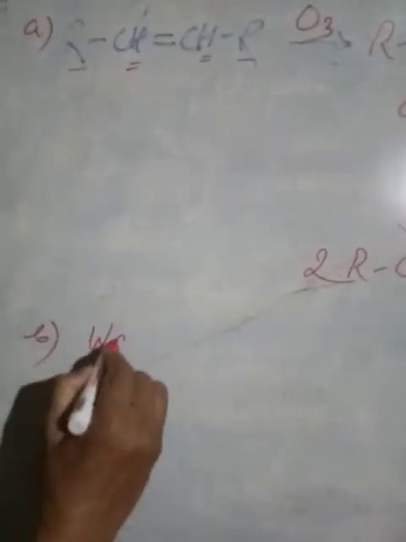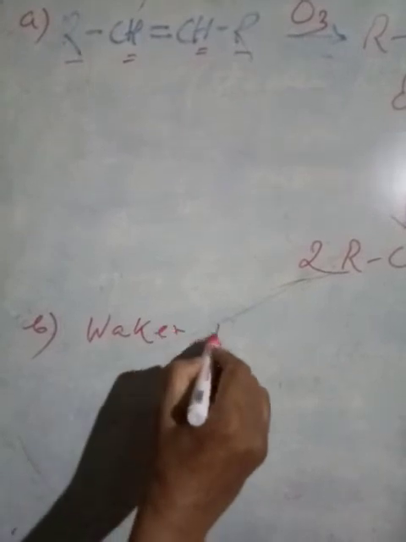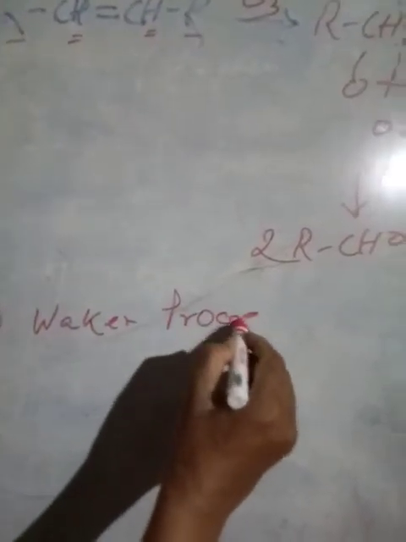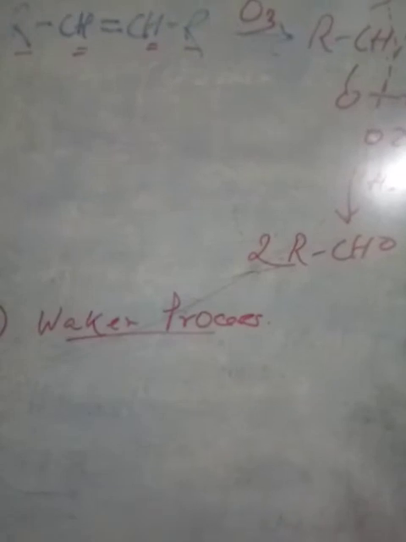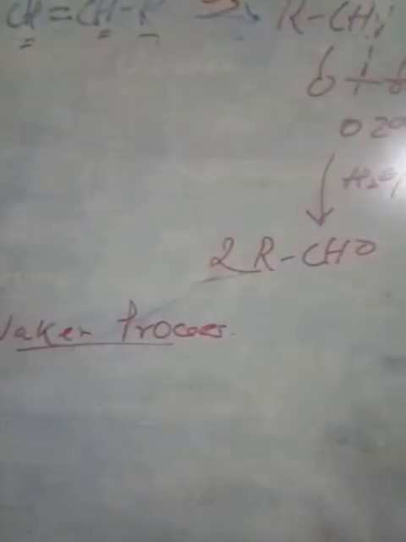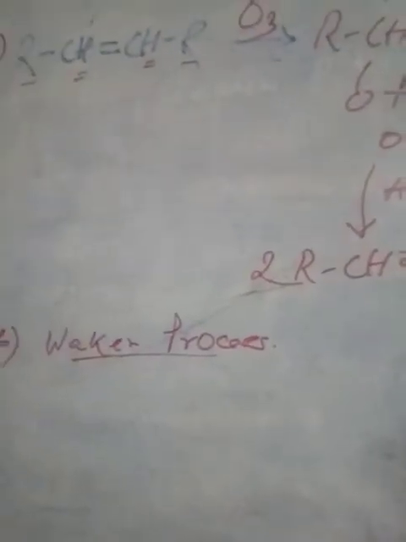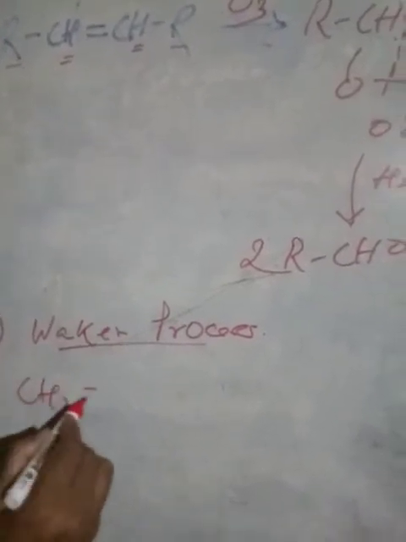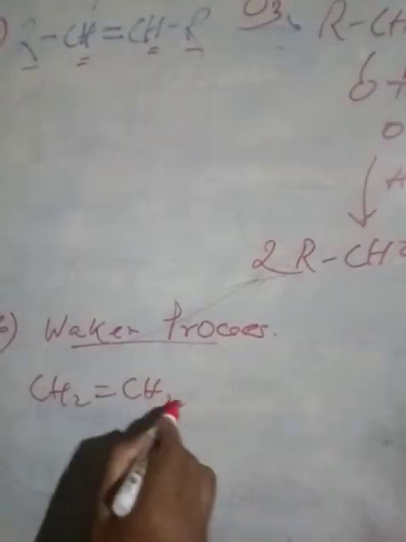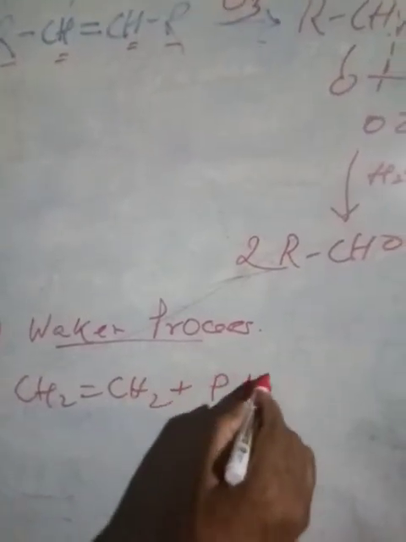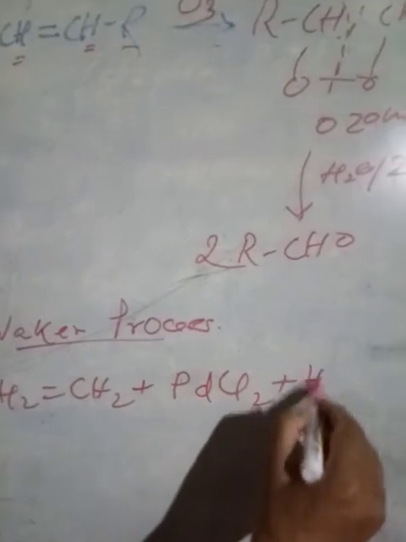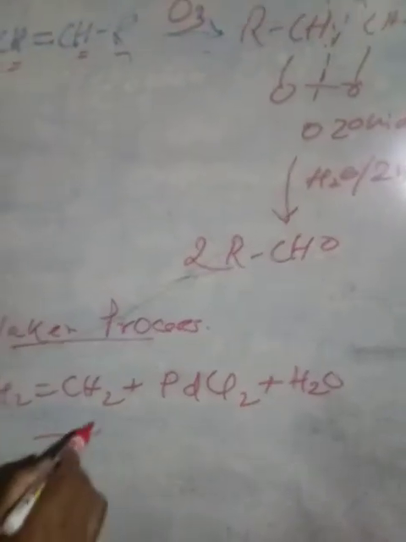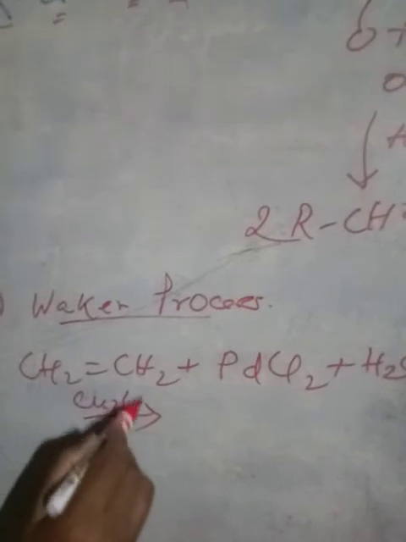Another process by which you can prepare aldehyde is the Wacker process, by which you can prepare only acetaldehyde from ethylene, CH2 double bond CH2. It is reacted with palladium chloride solution in presence of little cuprous chloride.